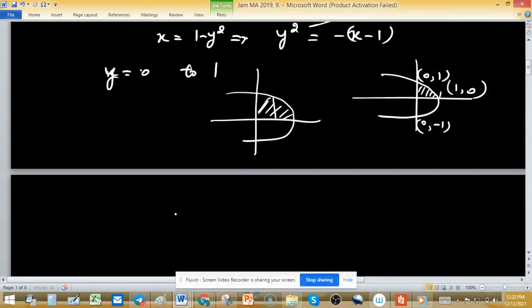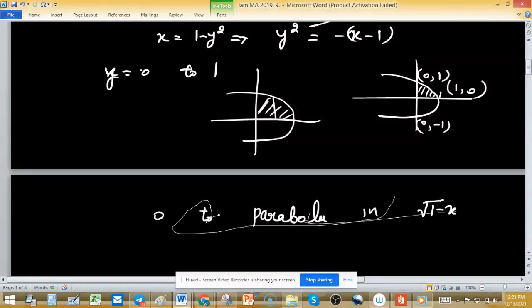So the limit will vary from 0 to this curve, a parabola, in terms of x. So square root of 1 minus x, and the limit of x will be 0 to 1.